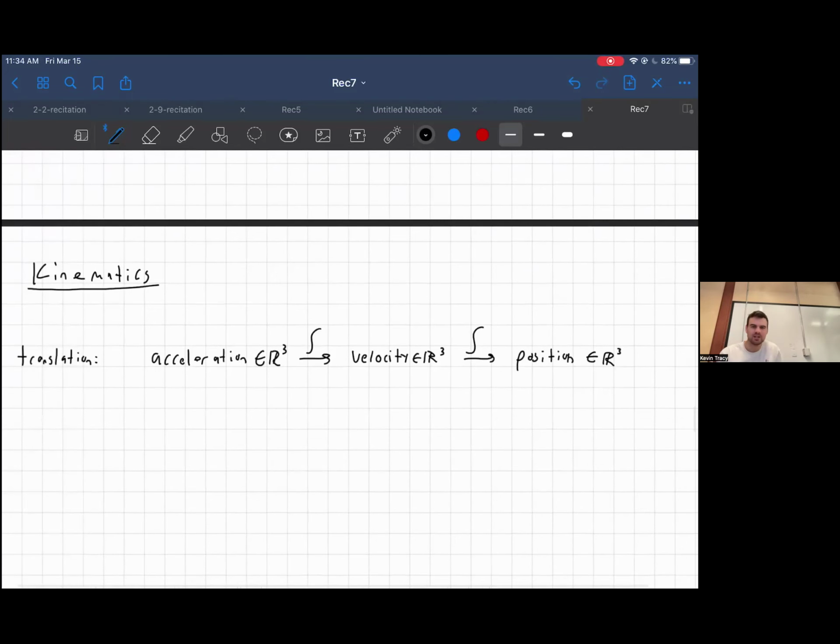So when it comes to translation, I can integrate all these things. If I'm accelerating an object at some constant rate, I can integrate that to get my velocity, and then integrate my velocity to get my position. And I can just directly integrate these R3 vectors to become R3 vectors. And everything is nice, makes total sense.